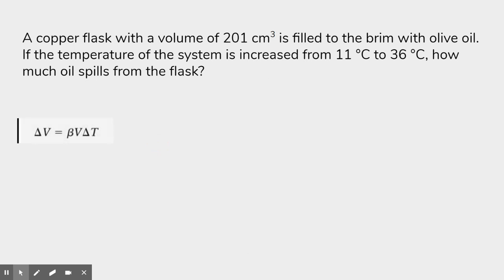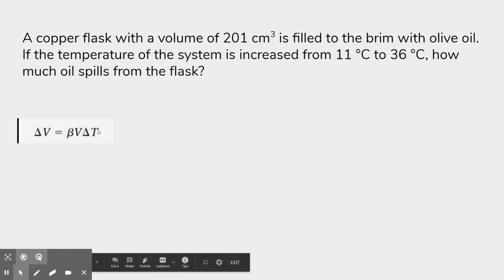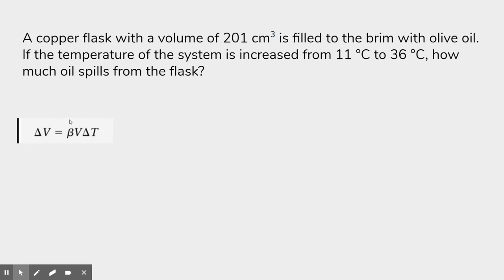So here is a very important piece of information. If we want to know how much oil spills from the flask, then we need to figure out our change in volume. And looking back at that formula chart, there were two formulas that talk about the change in volume. But we are working with oil.